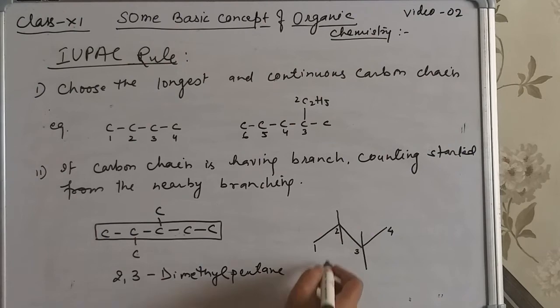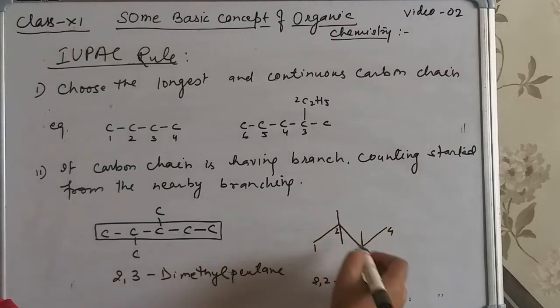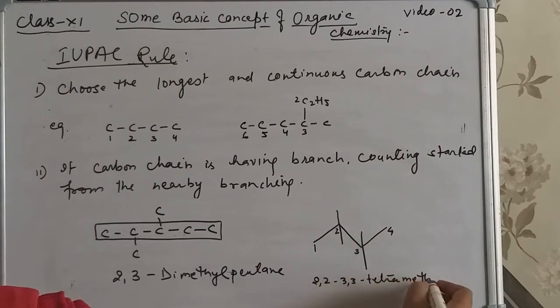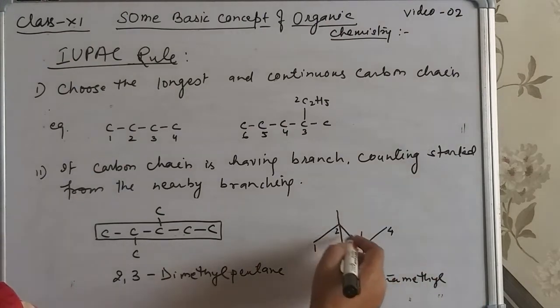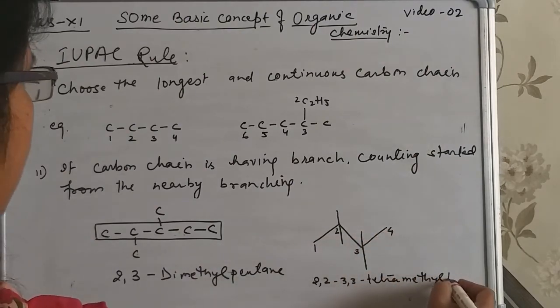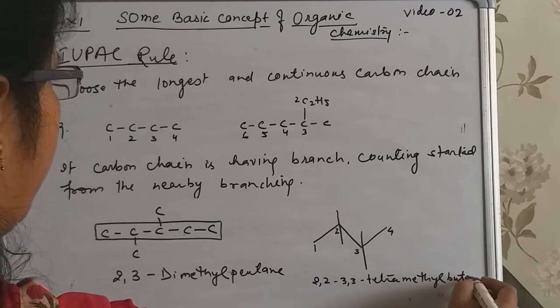Simply write down the 2,2 and 3,3. How many methyl groups? 4. 1, 2, 3, 4. So tetramethyl, and 1, 2, 3, 4, butane. Tetramethyl butane.